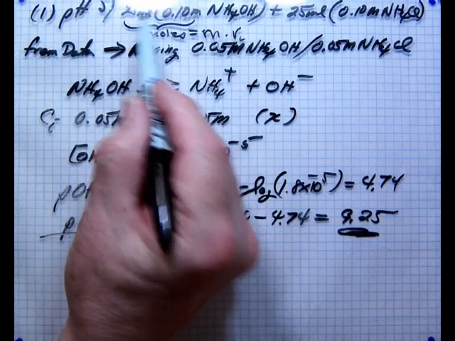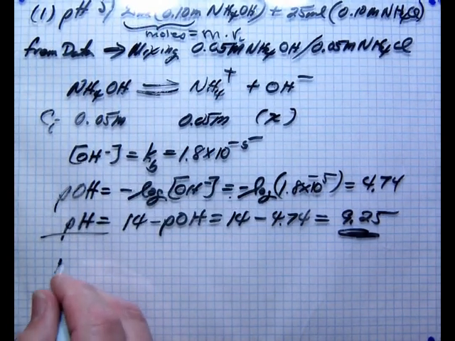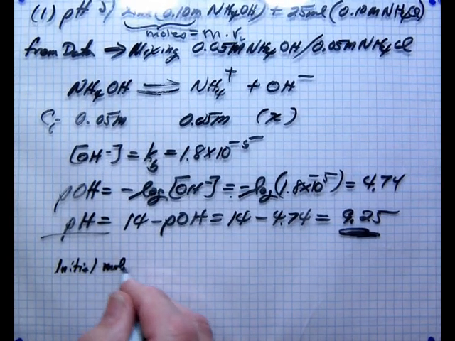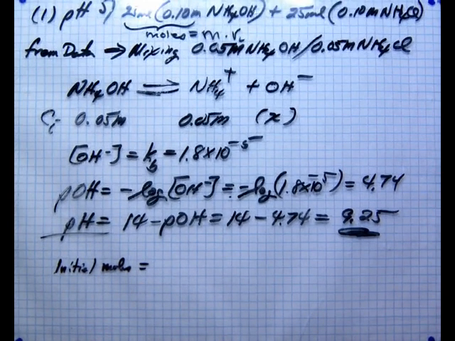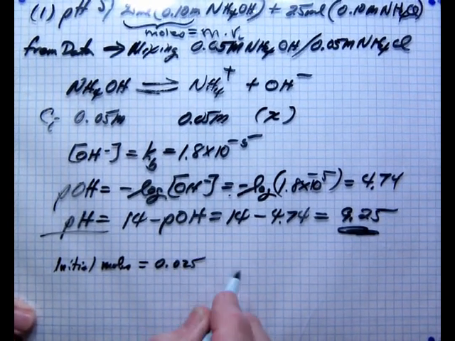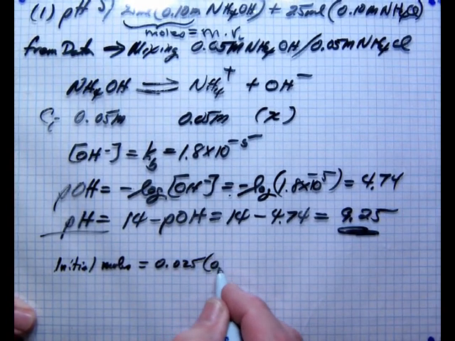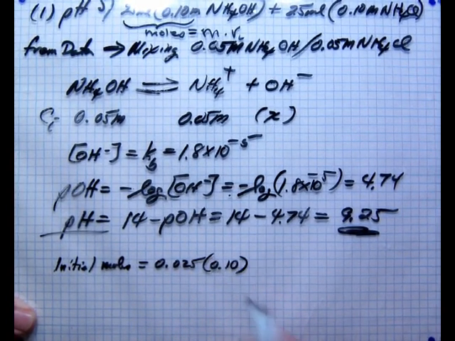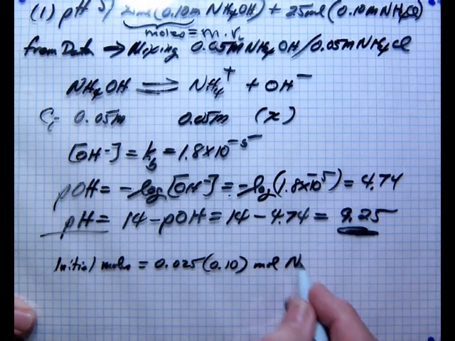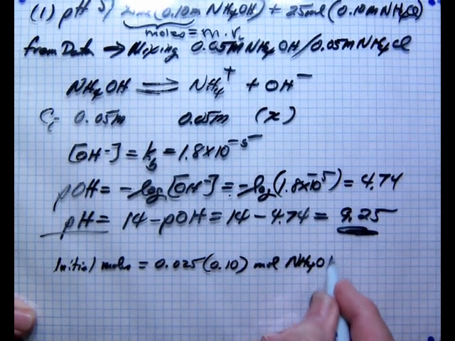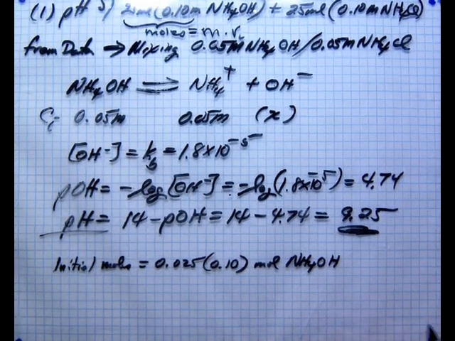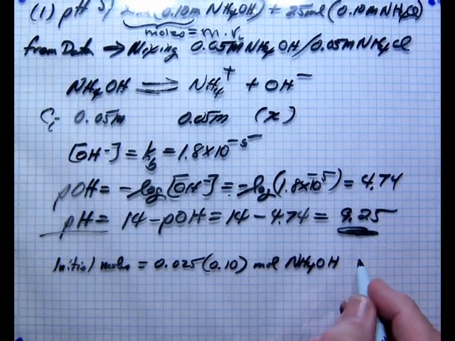So we're starting with 25 milliliters, initial moles is equal to 0.025 liters times 0.10 molar, give you moles of NH4OH. And the same thing with the ammonium chloride.